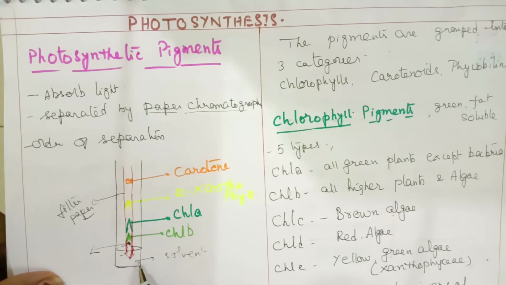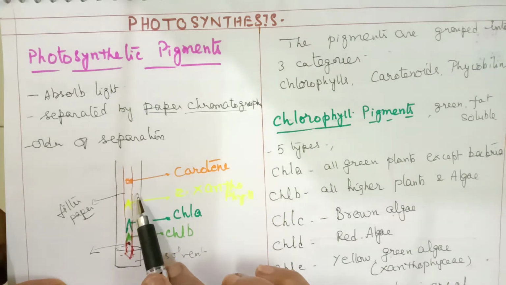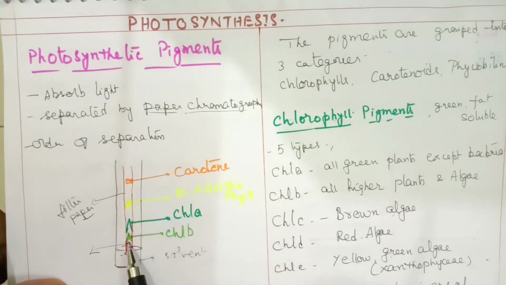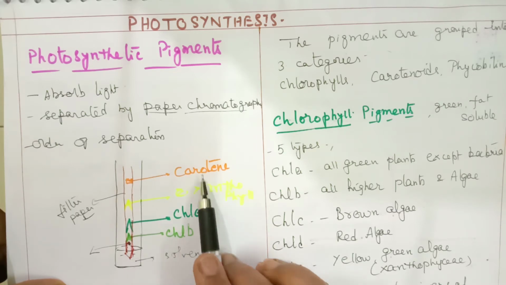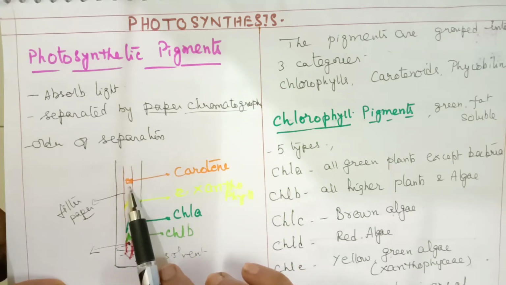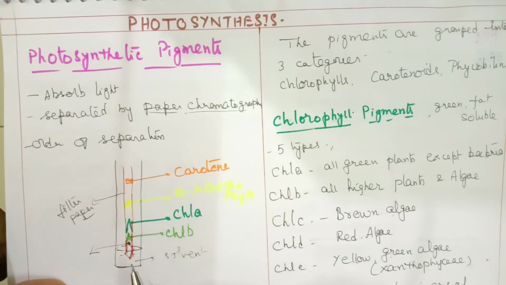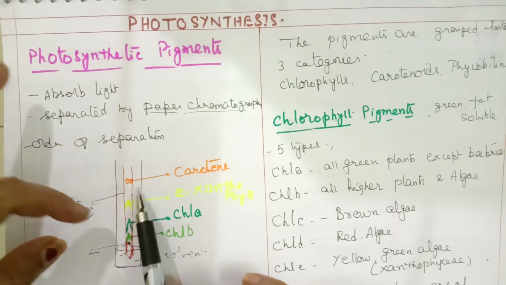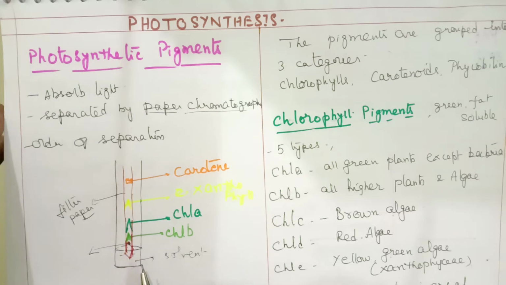And after some time we find the different pigments get separated in this sequence, which is close to the point of loading. We find chlorophyll B, and then the chlorophyll A, xanthophyll, and carotene. Carotene gets separated last. So they can be easily identified by their color. So easily one can identify the separation of these pigments by observing their color.